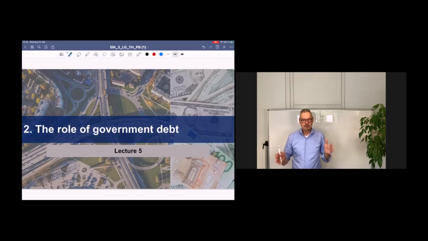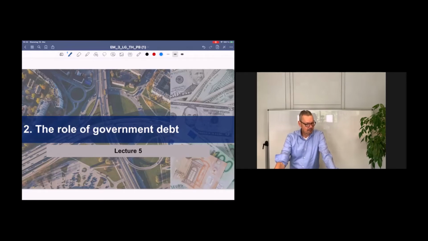How is this financed? This question is in standard textbooks not addressed. They somehow assume that the government can do it without creating higher interest rates, which would then be counterproductive. But this question is not really discussed in much detail.